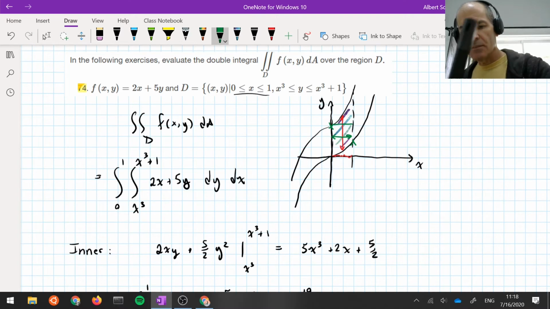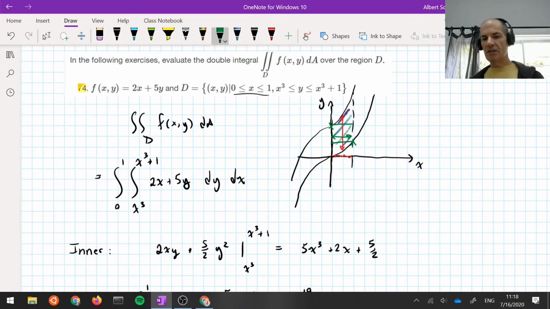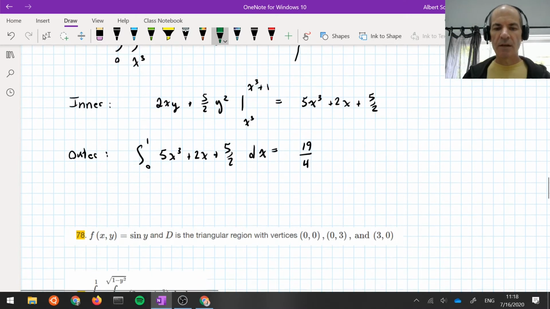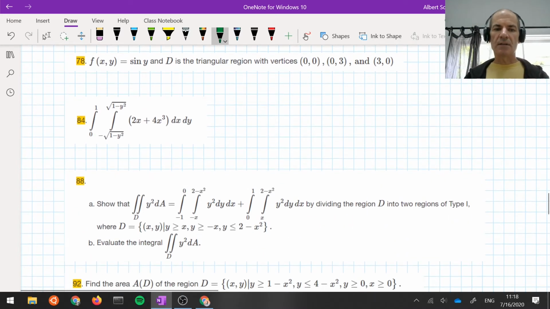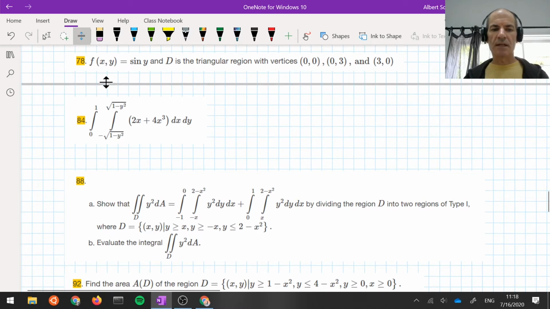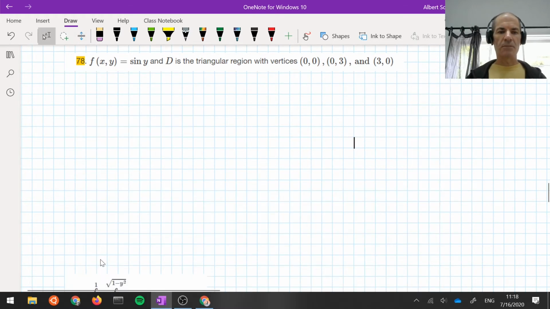We could divide this up into 3 regions and just integrate them as type 2 regions and then add them together. But it would be a lot of work. It's much easier to just integrate this as a type 1 region where we have a single upper curve and a single lower curve. These are the kinds of things that you need to pay attention to when you're deciding whether to do it as a type 1 region or a type 2 region.